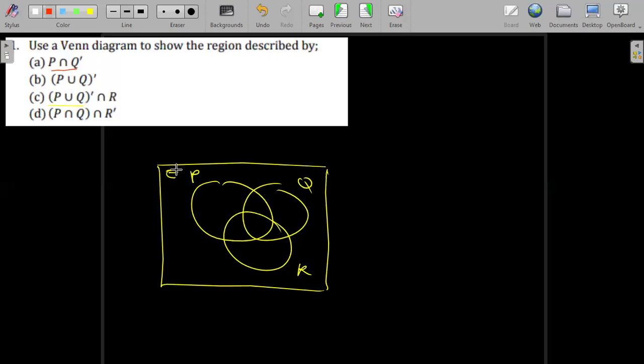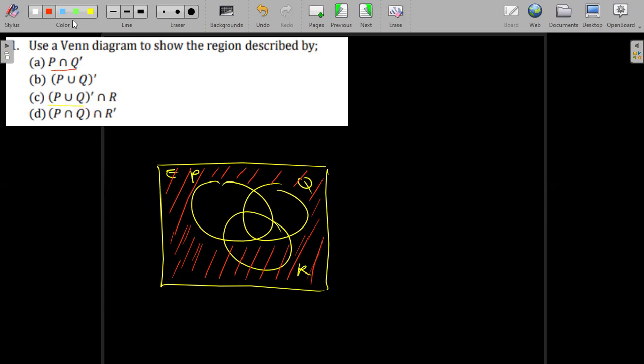I'll shade outside P, including this part of R here, and that part of R there, like that. Apart from P and Q, I'll shade everything else. So this here is my P union Q complement.